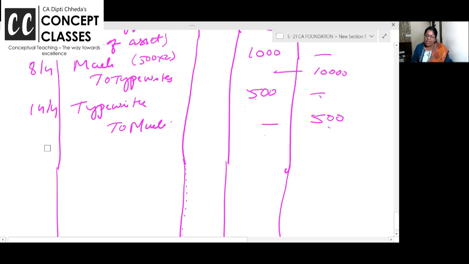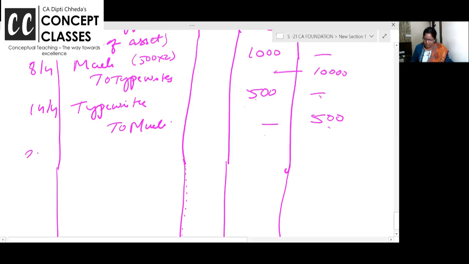So sales return and all in cash we will not record. 20th will not come. 21st, whatever you have sold in cash, if that comes back, you will not record it here.